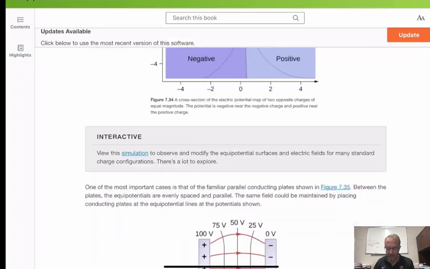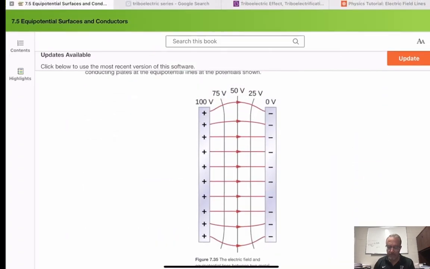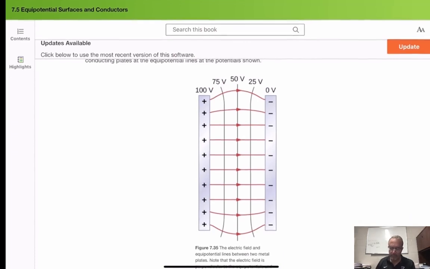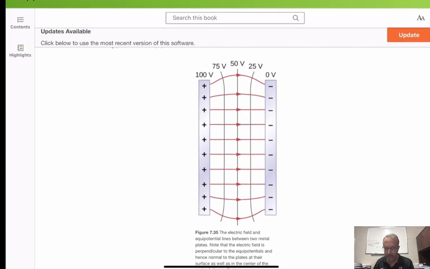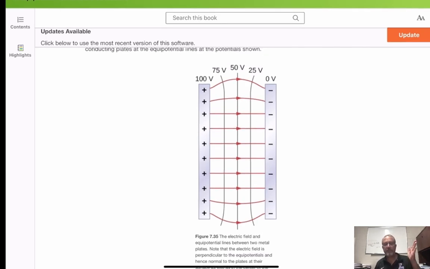That's always the case. There's some fringing fields out at the edge of the parallel plate capacitor. But you can also see how the voltage starts at the positive plate. It's high, 100 volts, and it drops off evenly as you go across that parallel plate capacitor.